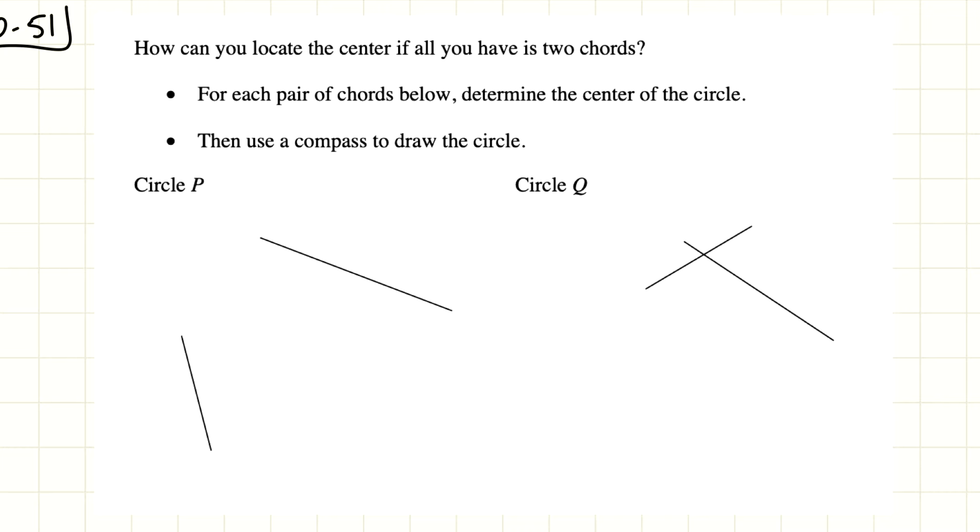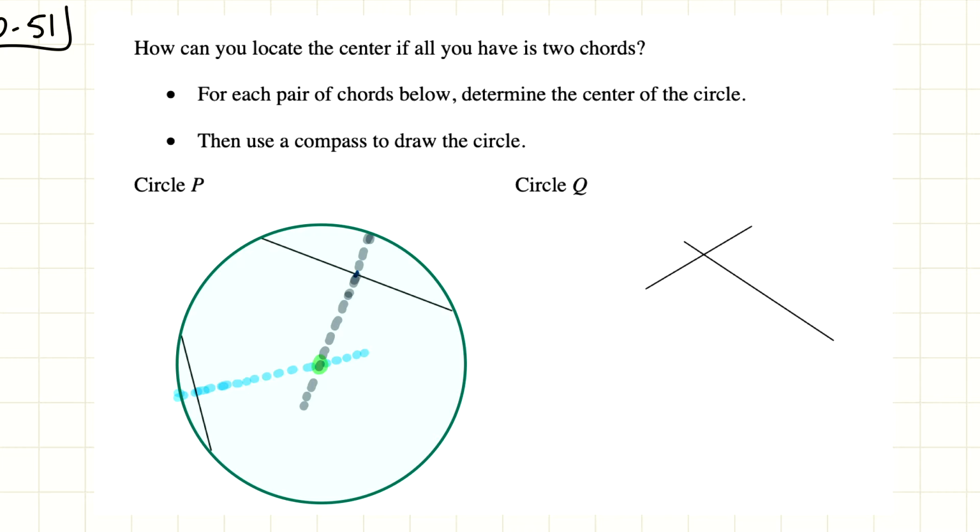So what I did was, if we could actually measure this line, I figure out where the middle is, and I draw a line that's perpendicular, 90 degrees. On the other line, I also figure out where the middle is, and I draw a line that's perpendicular as well.